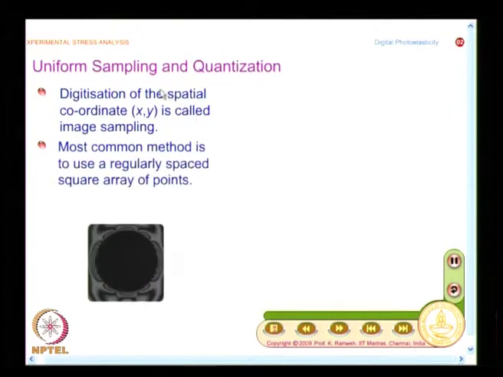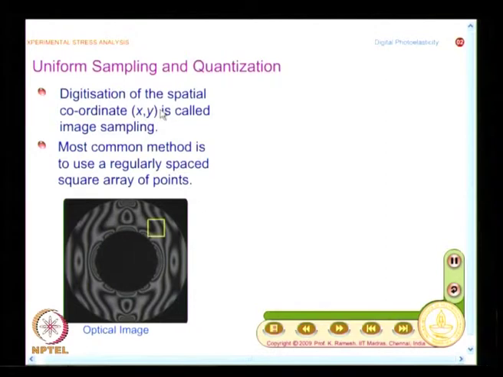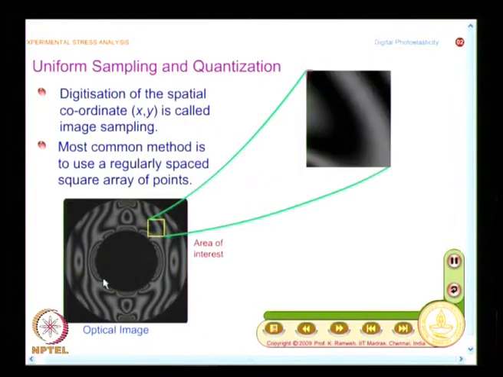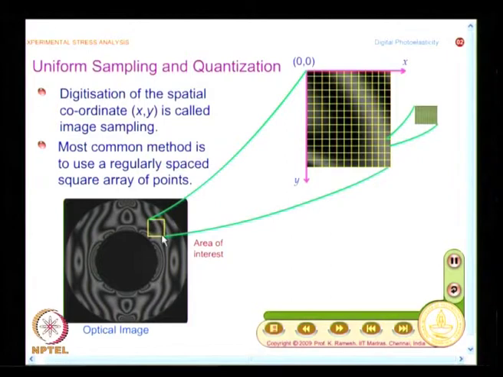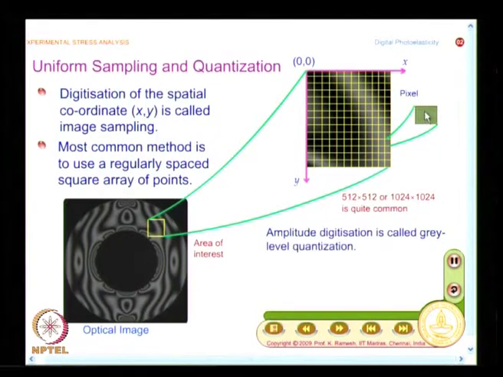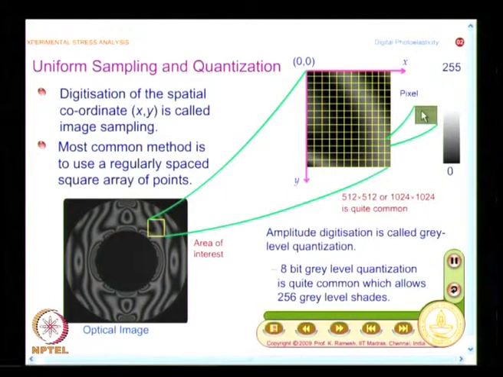First you do a spatial discretization, which you call sampling, and you have an optical image, and for illustration a small zone is taken which is looked at as an assembly of very fine small elements known as picture elements, abbreviated as pixels.